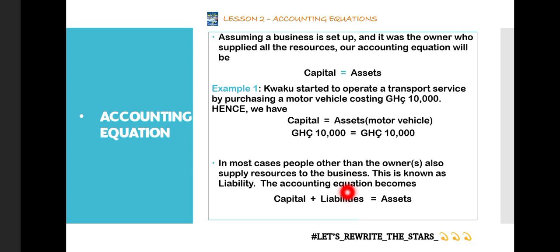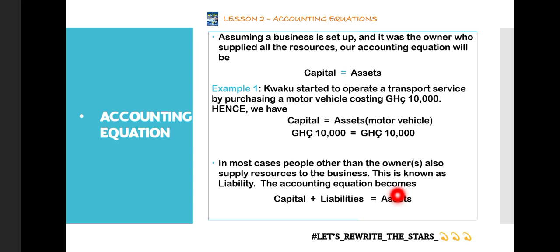Because when the other people brought it to the owner to be introduced into the business, it is no longer going to be theirs, but at a point we will be required to pay for it. But because it has been introduced into the business, it also becomes a property of the business.